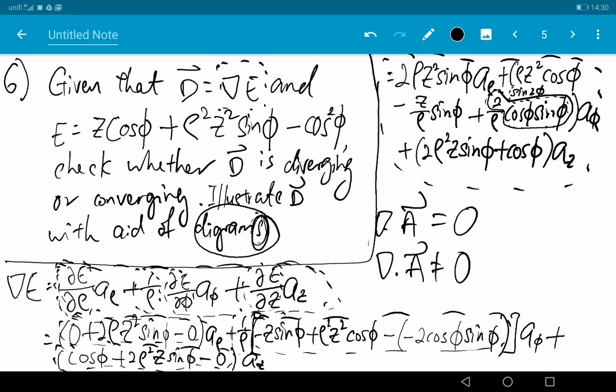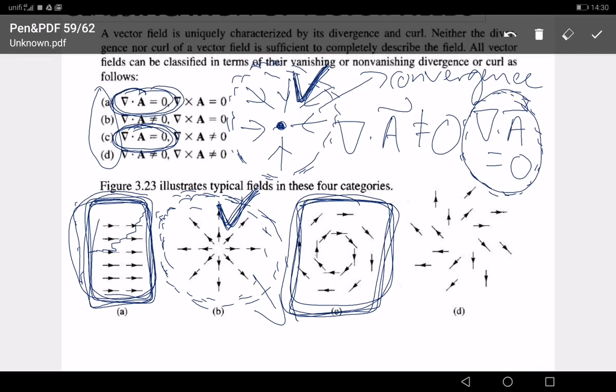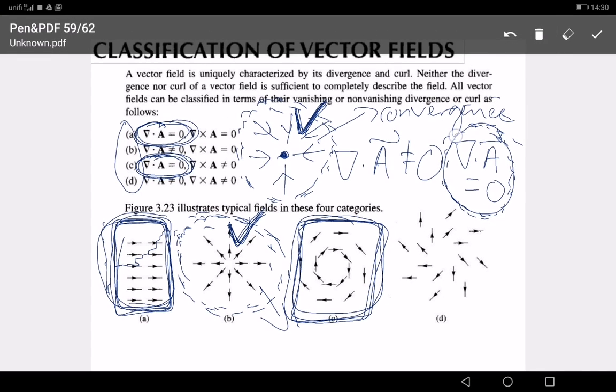I want to remind you again that if you get the divergence of vector field A equal to 0, it refers to diagram A and not only that, also diagram C, both.